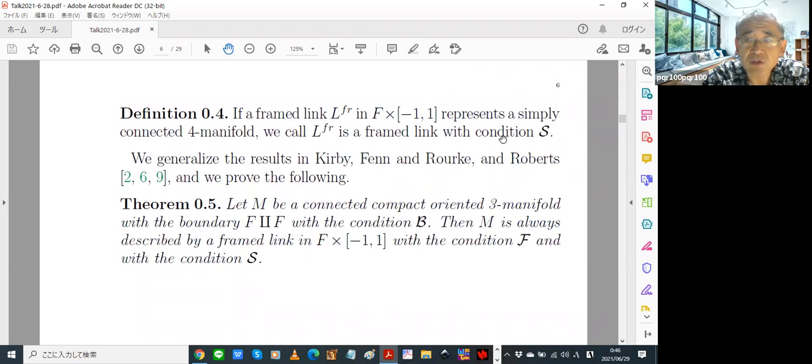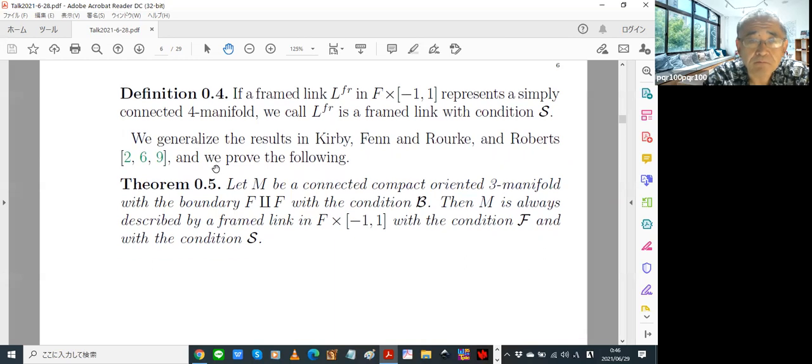This condition is important. We generalize the results of Kirby, Fenn, Rourke, and Roberts. We prove the following. Let M be a connected compact oriented three-manifold with boundary F and F, with the condition B, the fixed meridian and longitude.